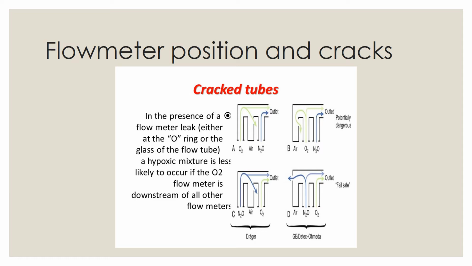So the really only safe way to do it is to have the oxygen be the very last one in order, so that any cracks in the flow meters behind it are not a problem. Now, if there's a crack in the oxygen flow meter itself, you're sort of out of luck, and that is time to swap out your machine.